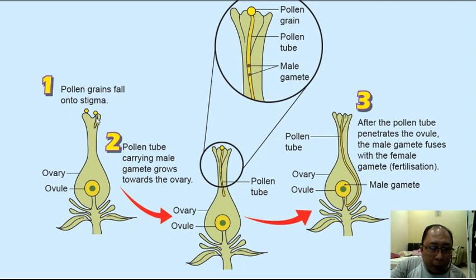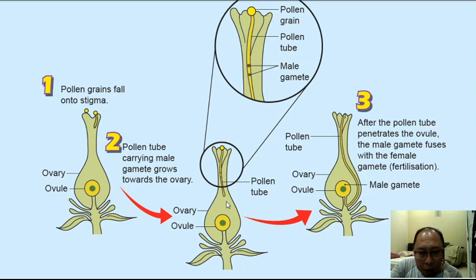What will happen is a pollen tube will be produced, and this pollen tube will grow and bring along the male gamete towards the ovule. The pollen grain produces a pollen tube, and this pollen tube brings along the male gamete.